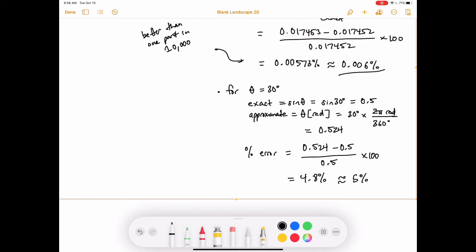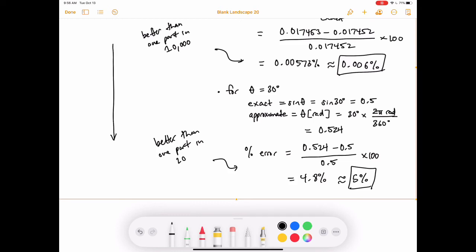So it's still not bad, but it's, again, nowhere near as good as the approximation for an angle of 1 degree. Here, we're only better than about 1 part in 20 with this approximation. So the point is, as the angle gets bigger, the approximation gets worse. Okay?